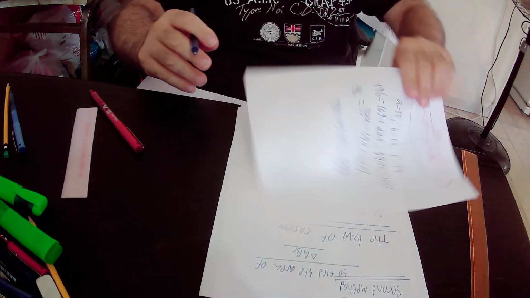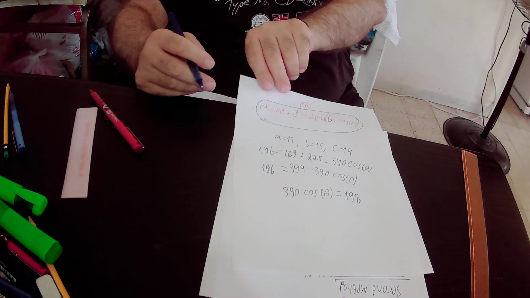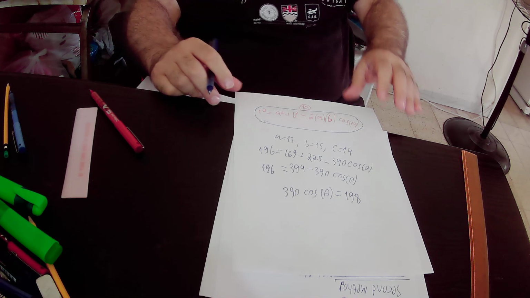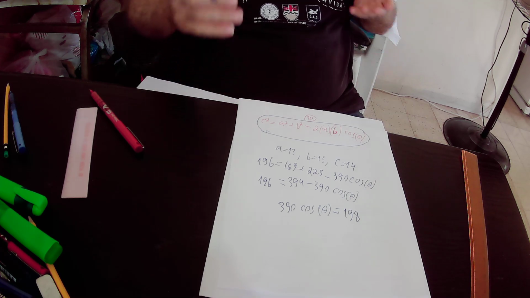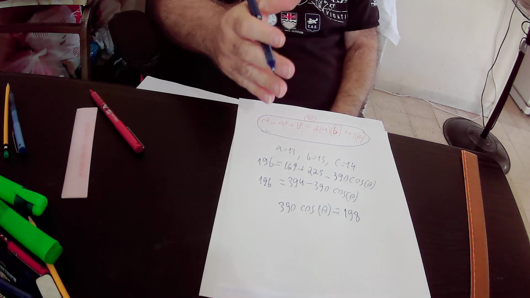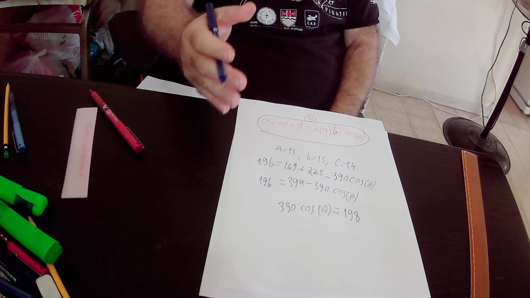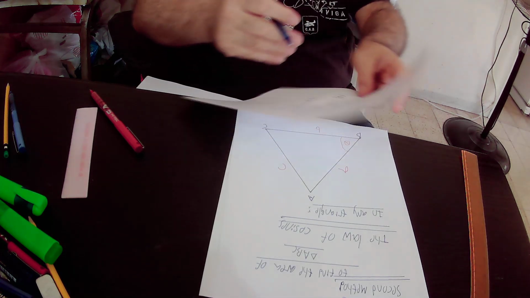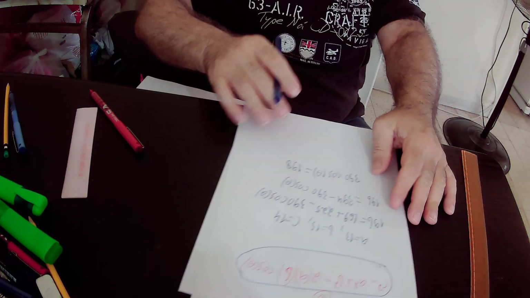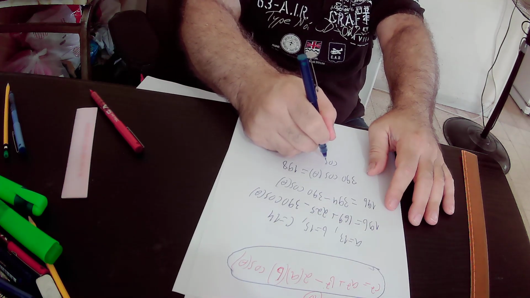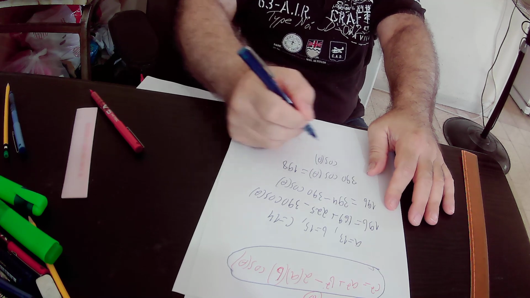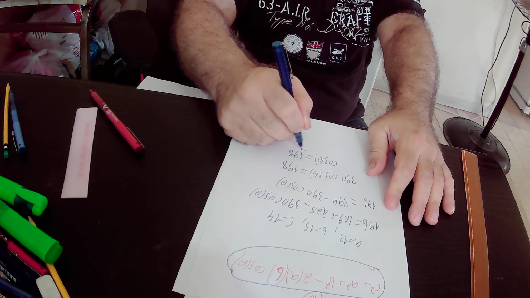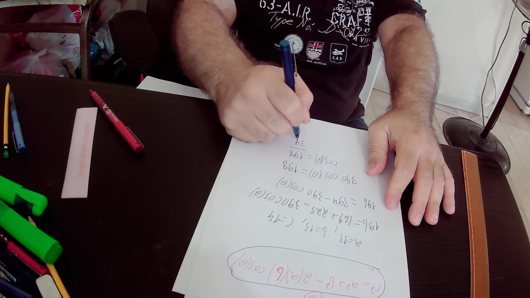Okay, we got this equality that states that 390 cosine theta equals 198. Here we will divide this equality by 390 in order to get the value of cosine theta. So cosine theta will be equal to 198 over 390.